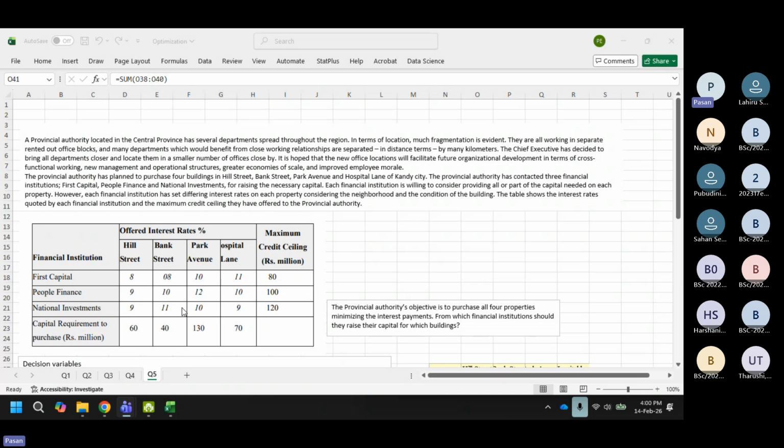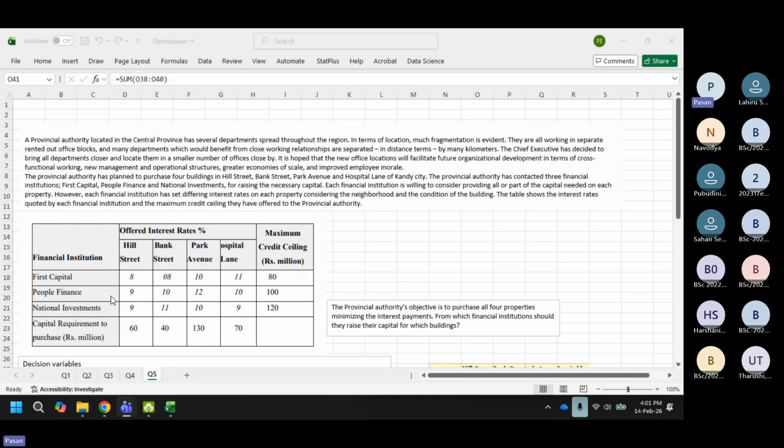By looking at them, we need to identify how much we can get from each place. The variables we need to define are all these 12 cells, and each cell represents a number indicating how much you would like to get from each financial institution for each place.